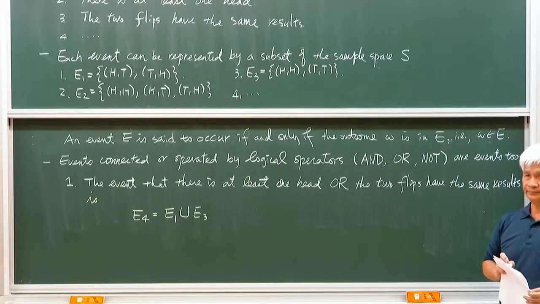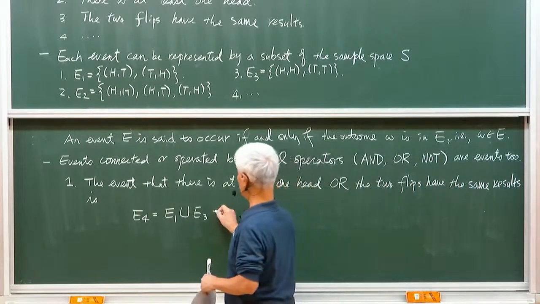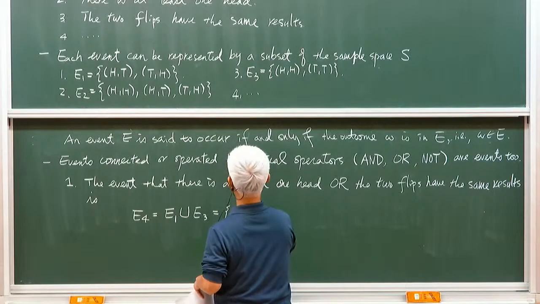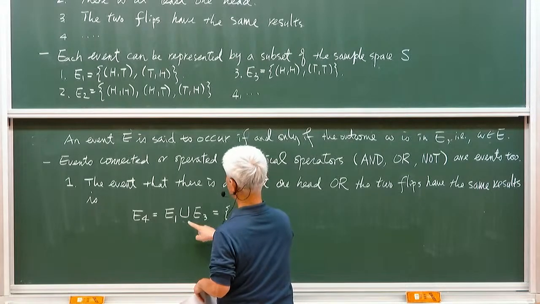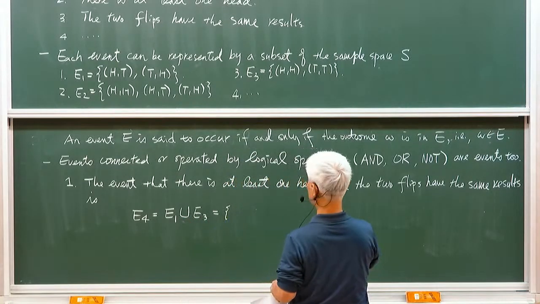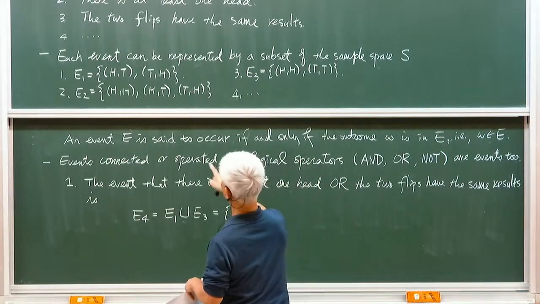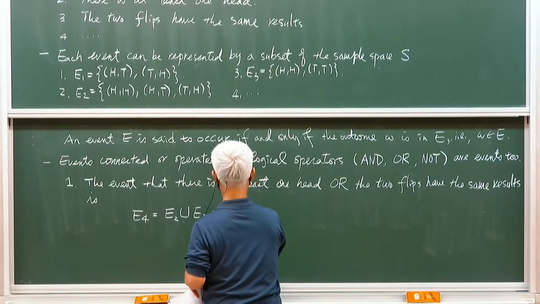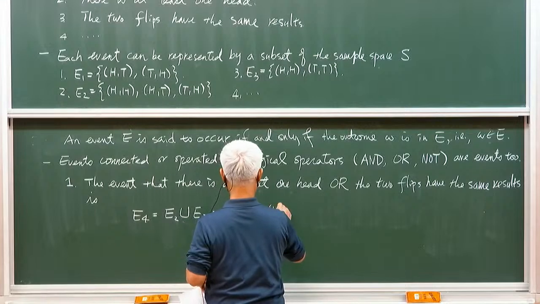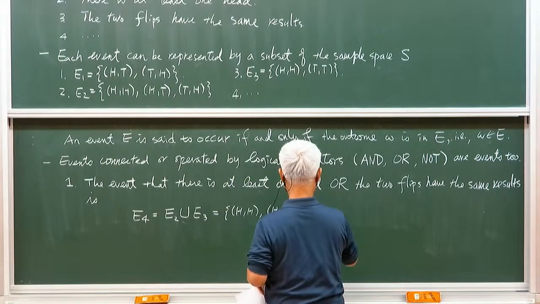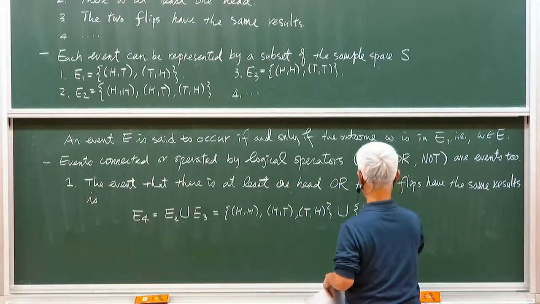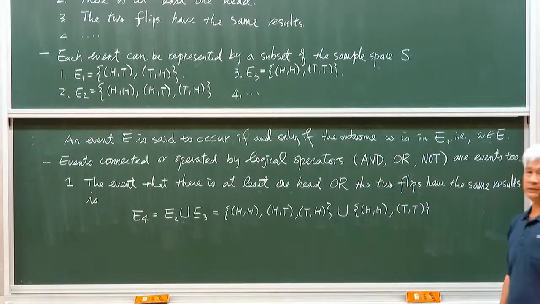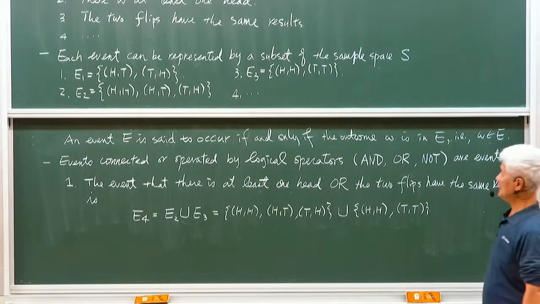So the union means that we have at least one head, which is E2, that is head-tail, tail-head, union head-head, tail-tail. This is the union, right?